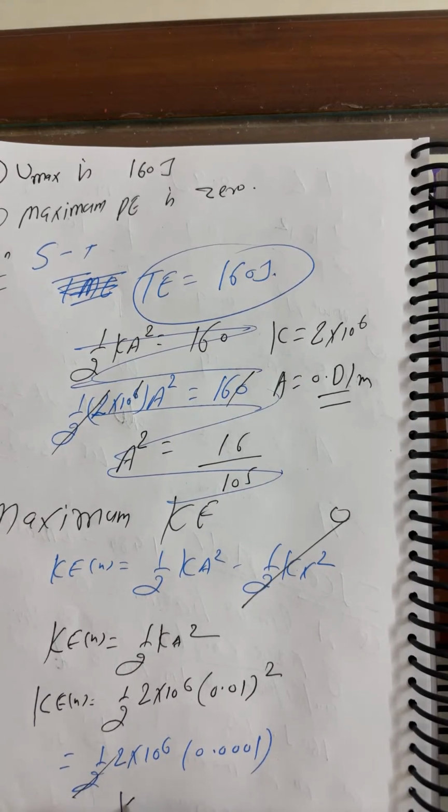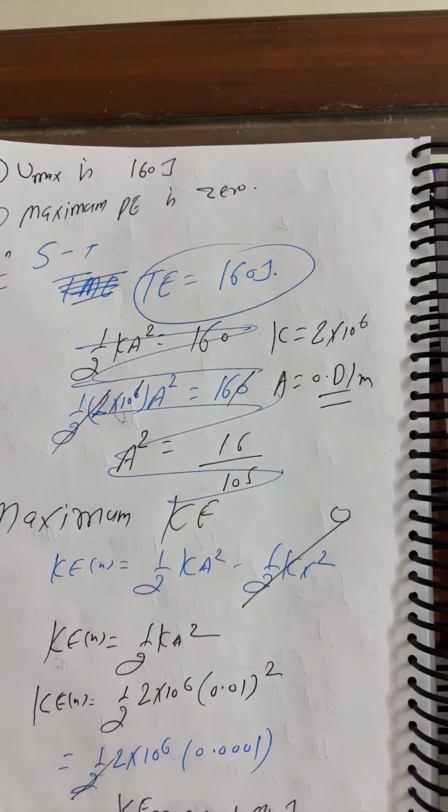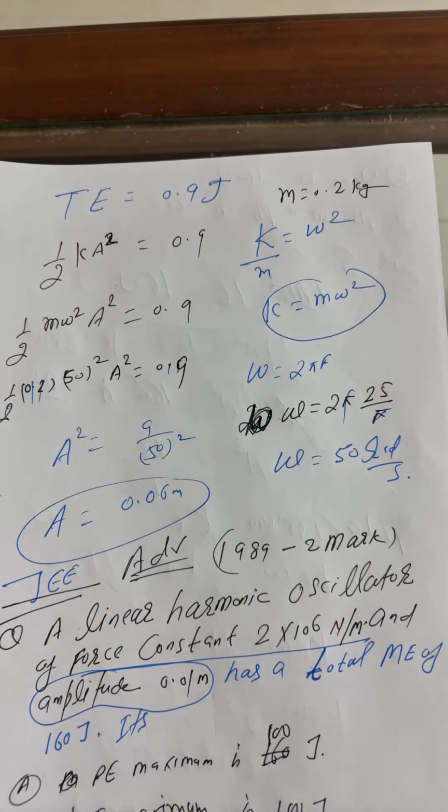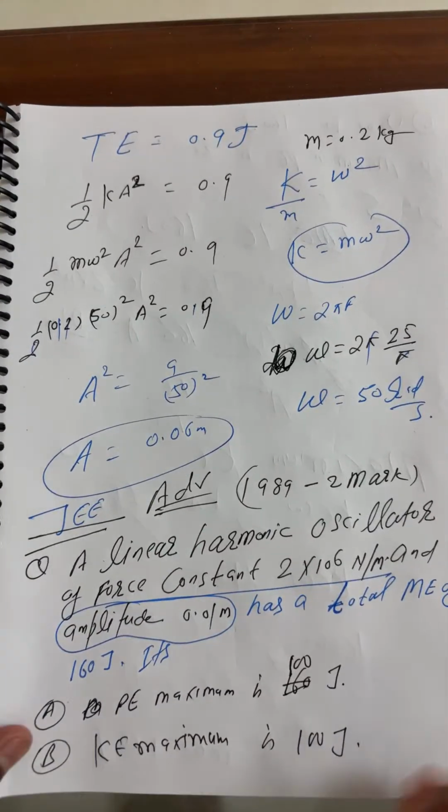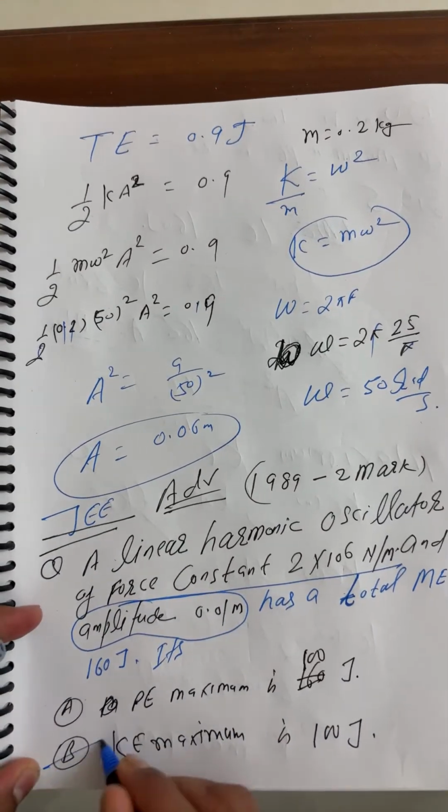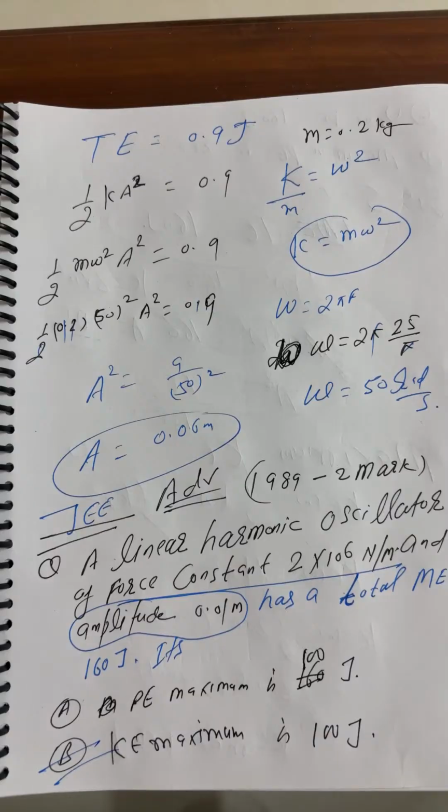So we get the maximum kinetic energy, which is 100 joule. Check the options: yes, this is the correct answer. The maximum kinetic energy is 100 joule.